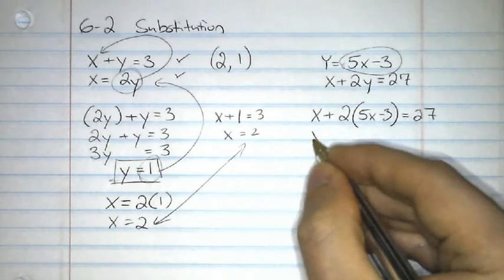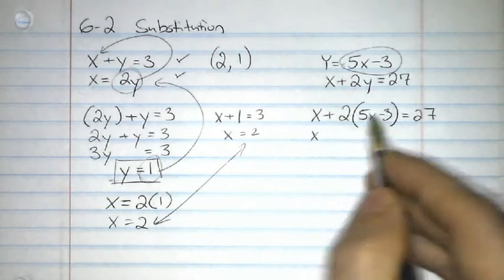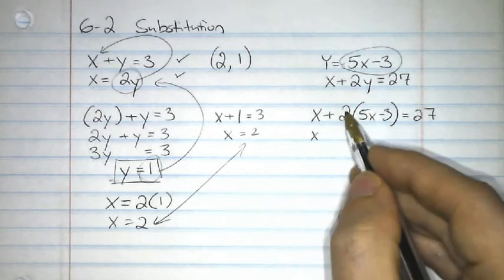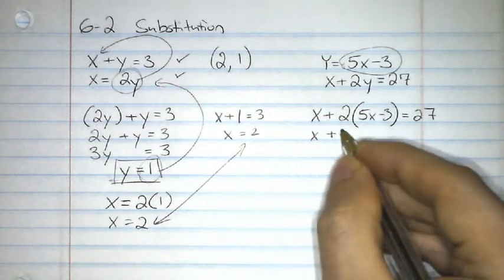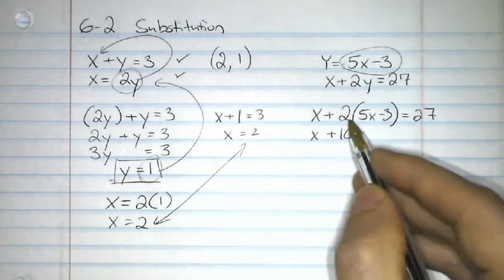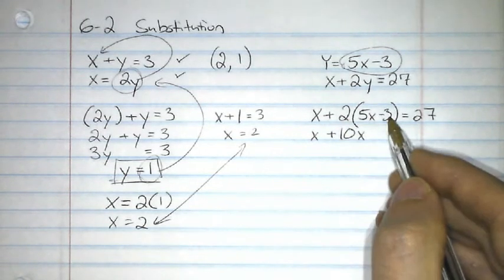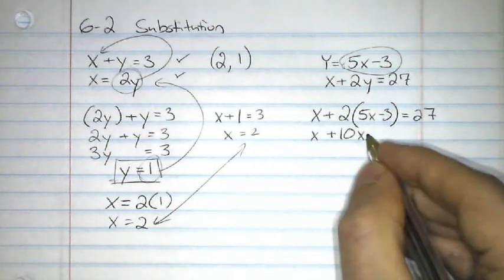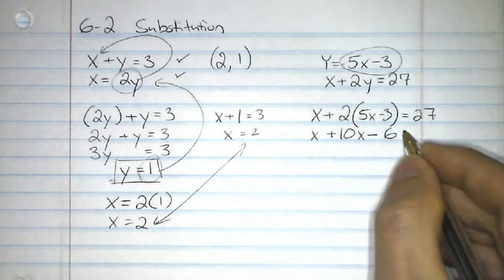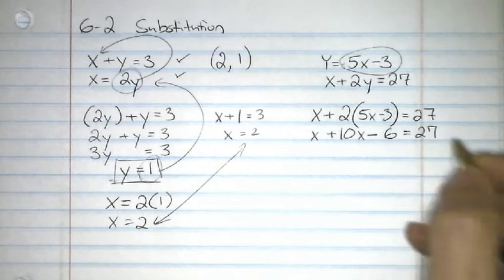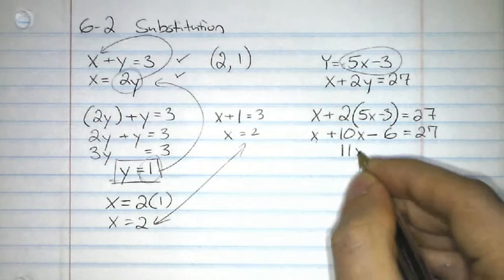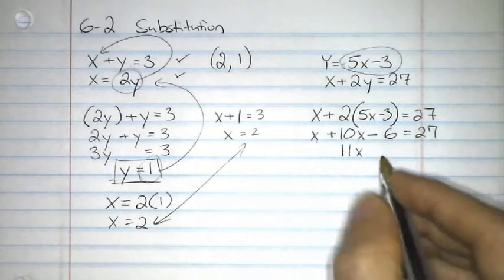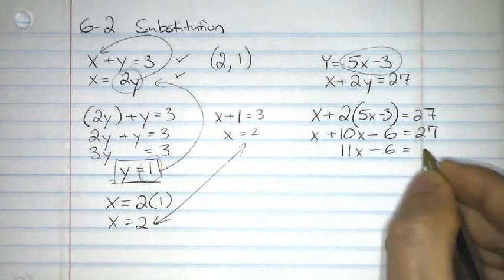Now, when I rewrite this, I now have a distributive property segment. So this is 2 times 5x. They're both positive, so it's going to be positive 10x. Here, 2 times minus 3, signs are different, so it's minus, and 2 times 3 is 6. All that equals 27. x plus 10x, I have 11x there, and I have minus 6 equals 27.